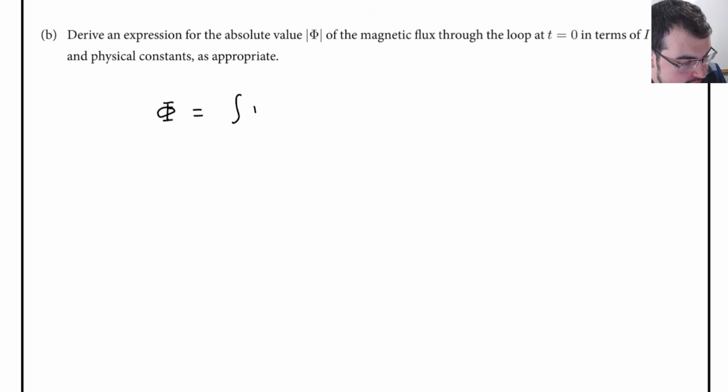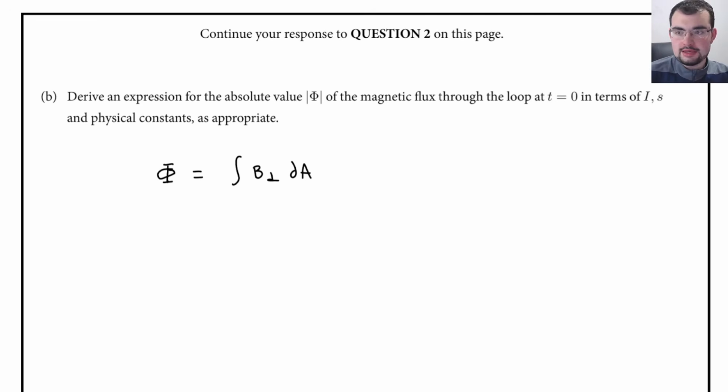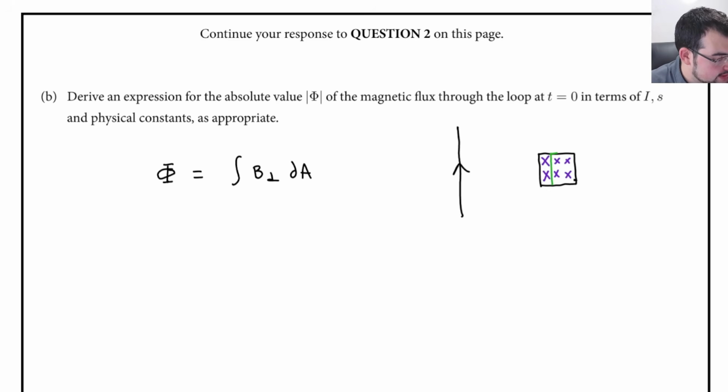is equal to the integral of B perp dA. And it's an integral because if we look at our loop, we'll just kind of redraw our picture to avoid having to flip back and forth. Because the field has different values at different spots along the loop. So we have to cut our loop into these vertical strips where the field is constant.